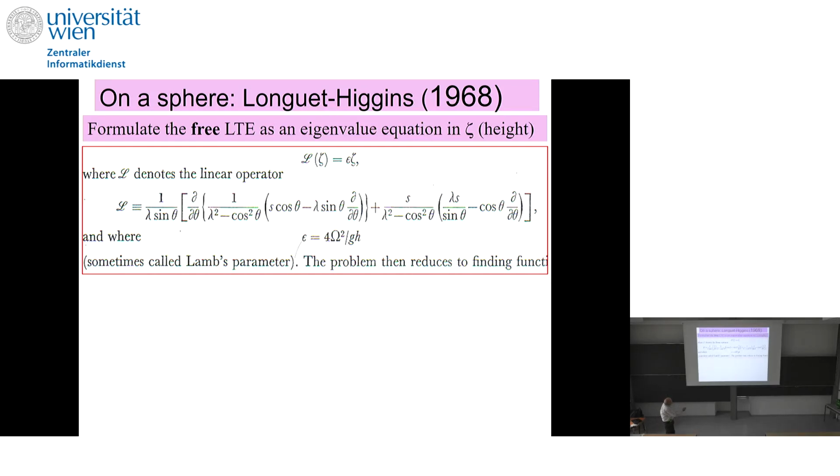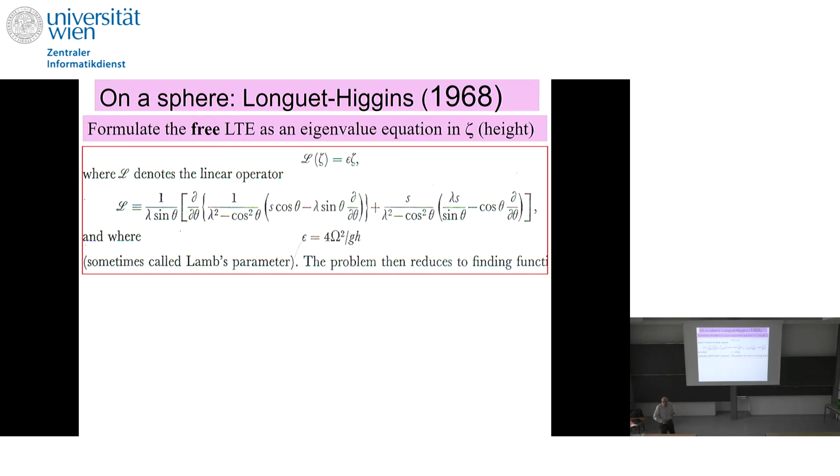Okay, so he wrote it all as if it's an eigenvalue problem. This epsilon, and you will see that epsilon repeating in my analysis, even though I used alpha before. This epsilon is called the Lamb parameter, and it's just the opposite of GH over 2 omega A squared that we used before.